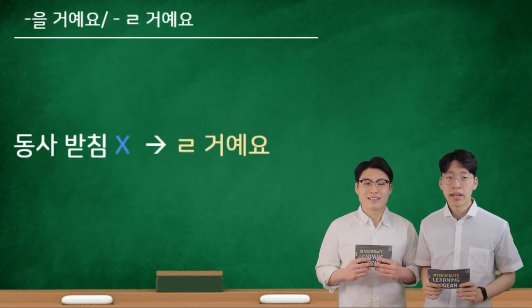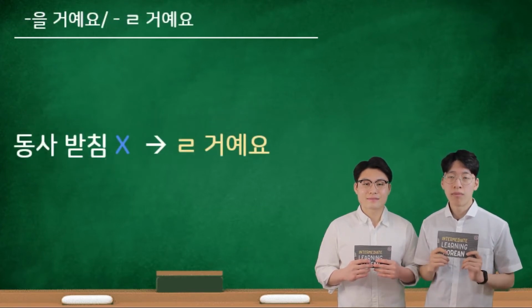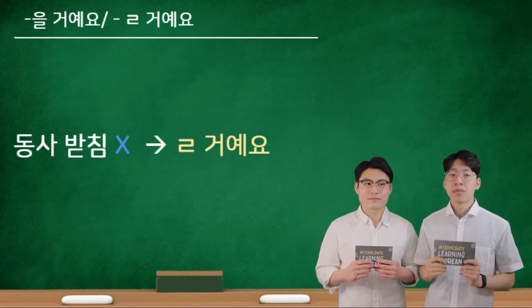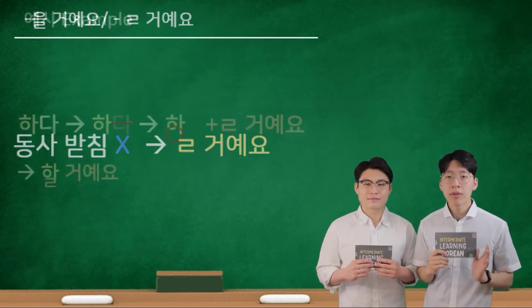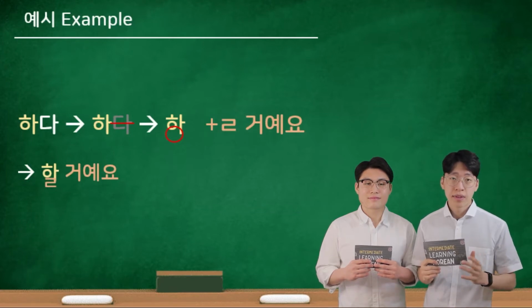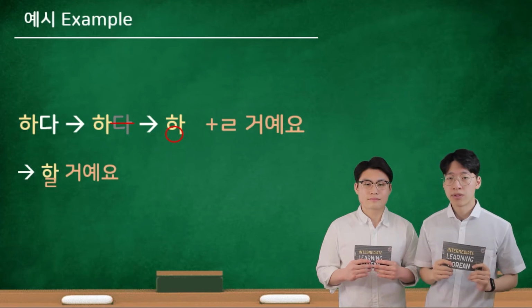Yes, conversely, if there is no final consonant in the stem of a verb, 리을 거예요 is used. For example, if you remove 다 from the verb 하다, is there no final consonant? Then we use 리을 거예요 after.